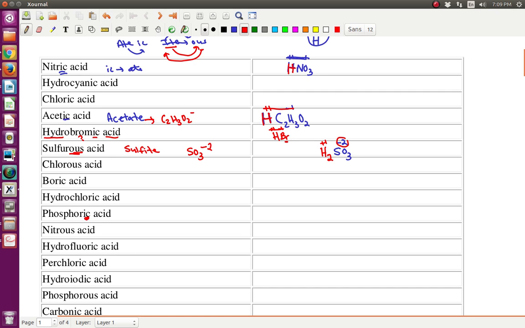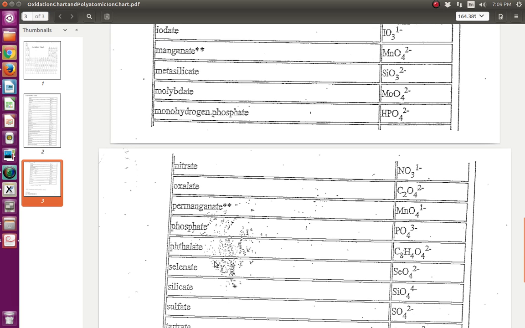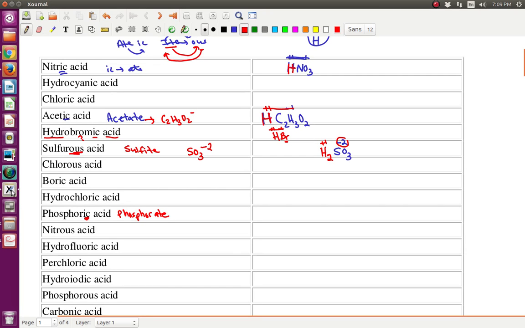What about phosphoric acid? Ate becomes ic, so ic becomes ate. So phosphoric would be phosphorate, so I have to look for the phosphorate ion on my chart. Phosphorate, or phosphate: PO4, phosphate. Phosphate has phosphorus in it. Some of those things you're just going to have to get used to, the way they change. PO4 3-. So this is made out of PO4 3-.